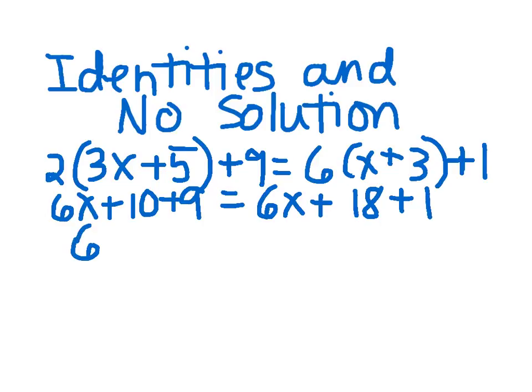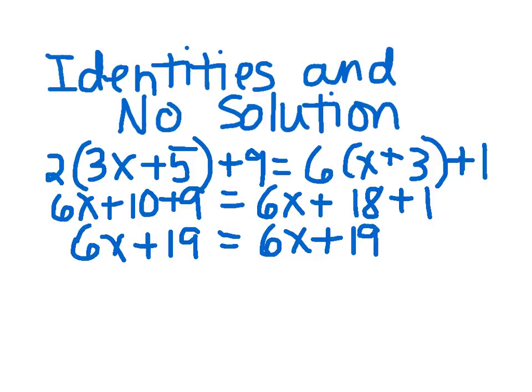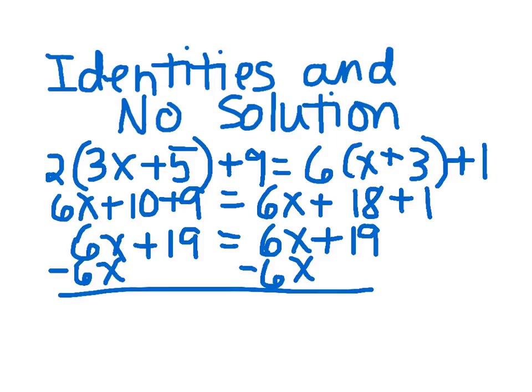Combining like terms gives me 6x plus 19 on this side of the equation, and 6x plus 19 on the other side of the equation. It's looking odd. Well, just to continue, if I get rid of all the variables, I will come down to 19 equals 19, which is a true statement.